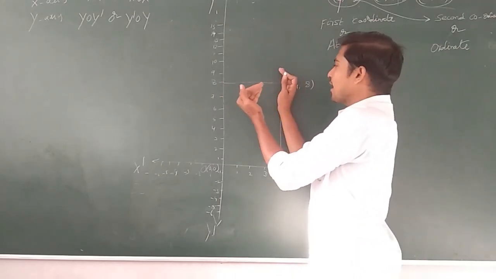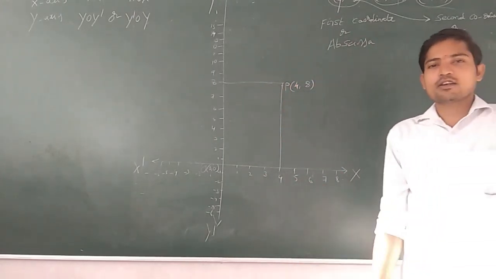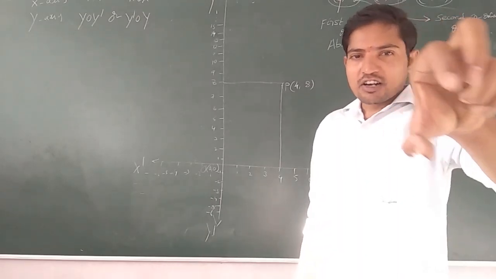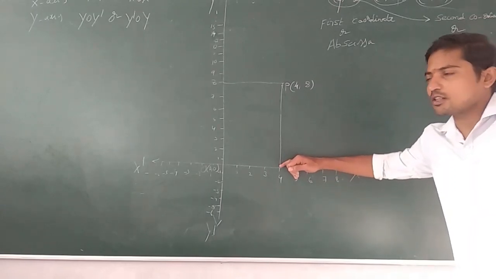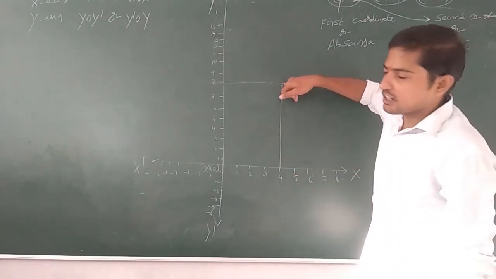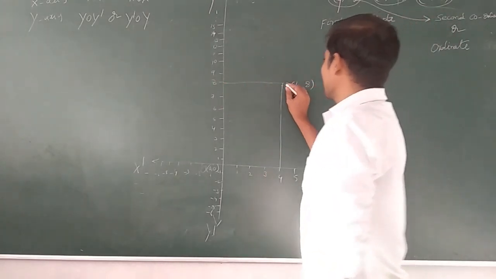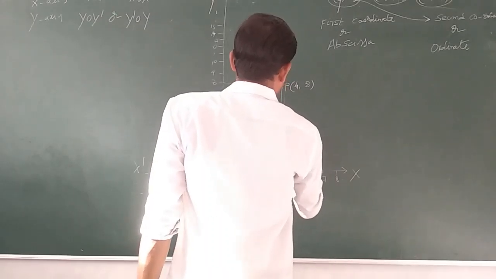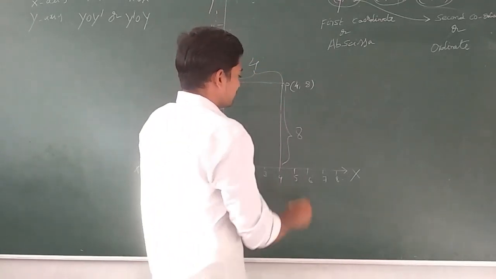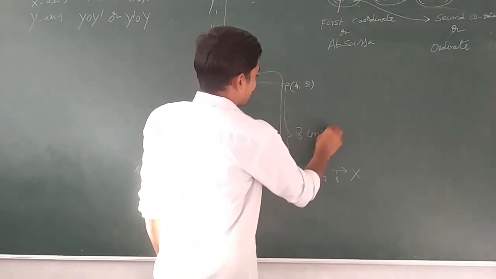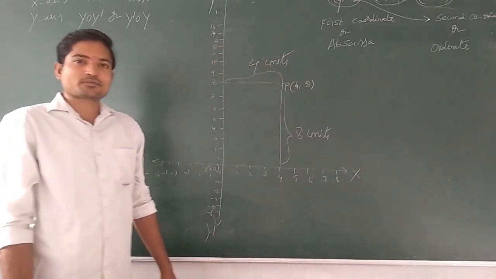Clear? Like that, the second coordinate represents how many units distance from x-axis. X-axis is here. The point is here. So how many units distance? 8 units distance. This is 8. This is 4 units. Understanding?